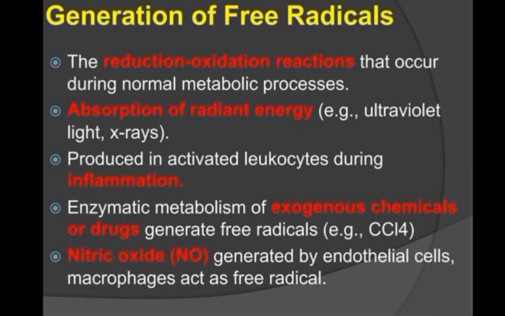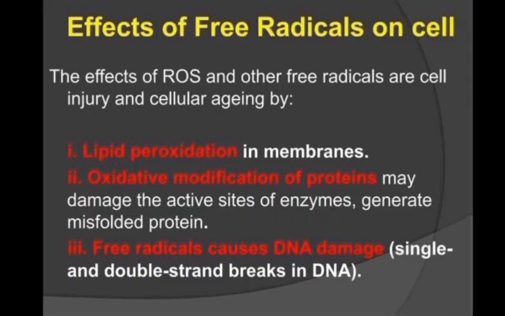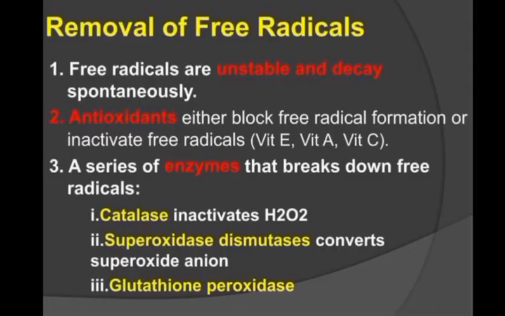Nitric oxide, generated by endothelial cells and macrophages, also acts as a free radical. The effects of free radicals are cell injury and cell aging by lipid peroxidation in membranes. Oxidative modifications of proteins may damage the active sites of enzymes and generate misfolded proteins. Free radicals also cause DNA damage.